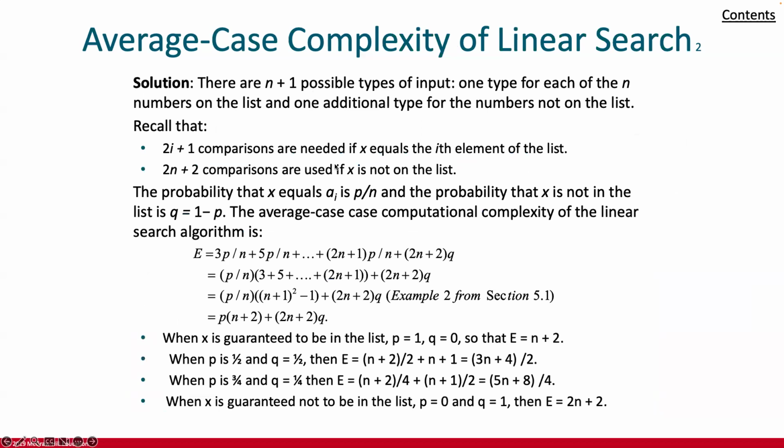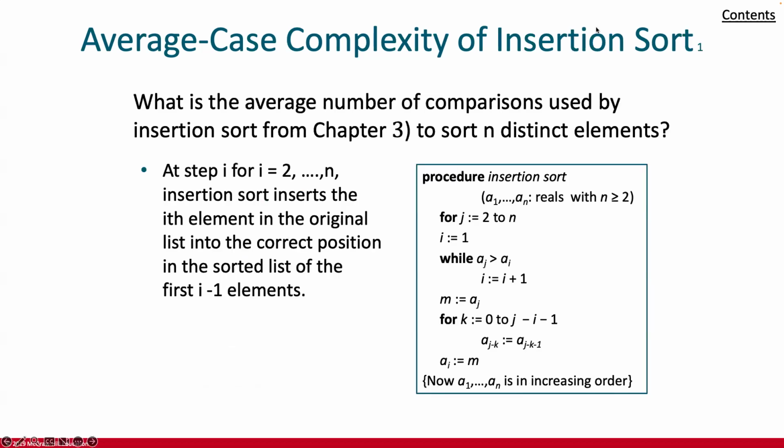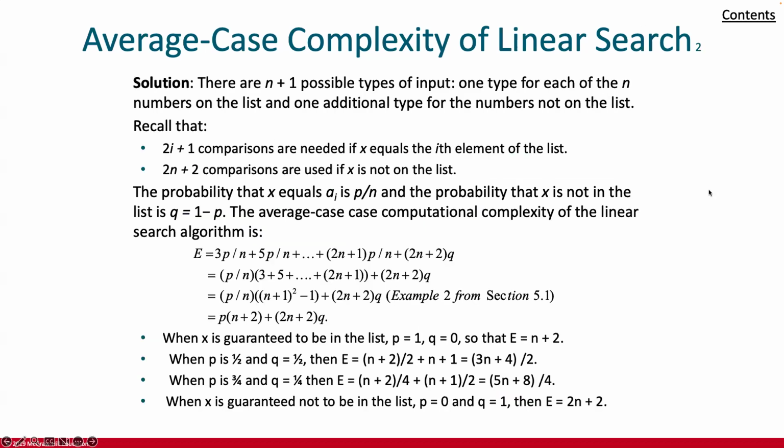Here is the solution, and feel free to pause the video and go over that in more detail, but I'll just skip over this for now. What is the average number of comparisons used by the insertion sort from chapter 3? And so now we can be thinking about that. That's the insertion sort.